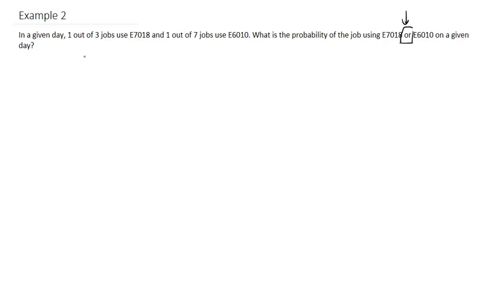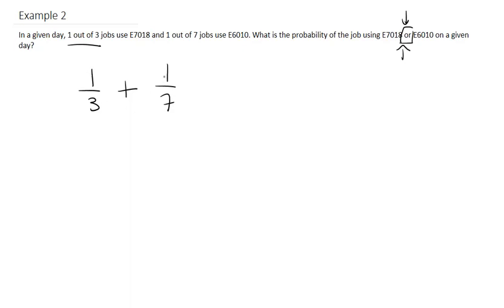So this means we're going to go 1 out of 3 for using E7018 and 1 out of 7 for the other one. The next thing we need to do is add these two together, because that's what we do when we have "or" probabilities. Notice that when we try to add these, we don't have the same common denominator. So we're going to have to quickly change that.